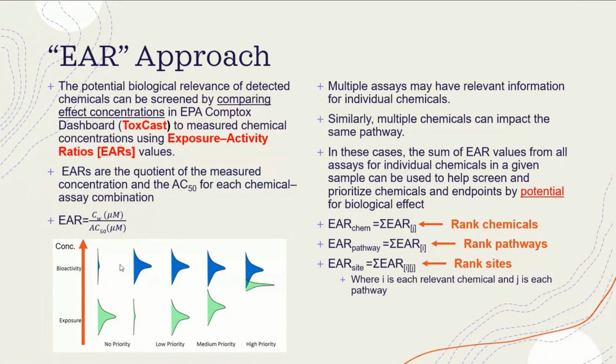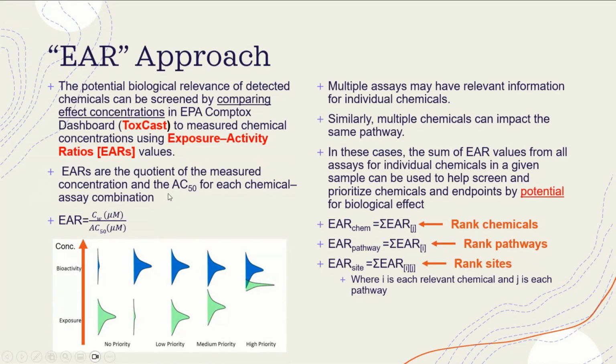This is probably a good entry for many people to start looking at mechanisms, because it utilizes data that's already been curated and put into the EPA CompTox dashboard, which was previously called the ToxCast dashboard. We compare the concentration of a particular chemical in the water, which could be in micromolar or micrograms per liter, to a measure of potency of that chemical for a particular molecular initiating event.